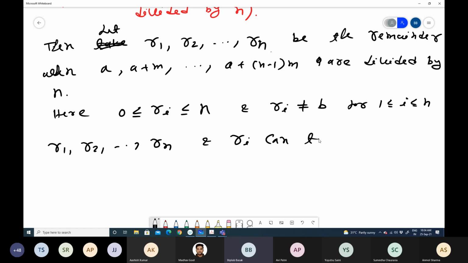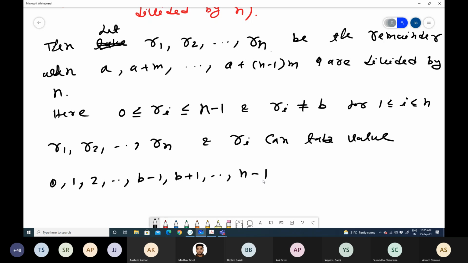And ri can take the values 0, 1, 2, up to b minus 1, and b plus 1 up to n minus 1.